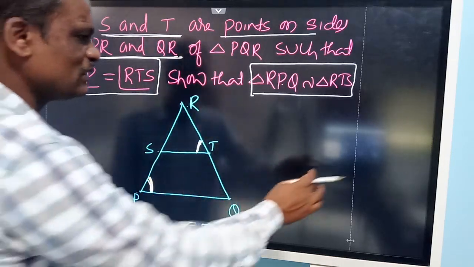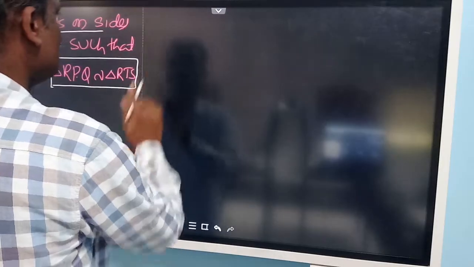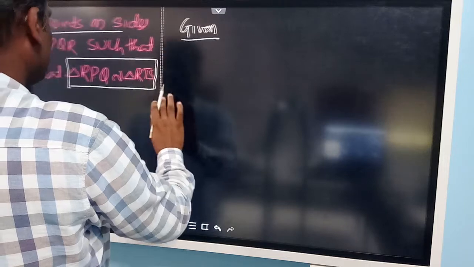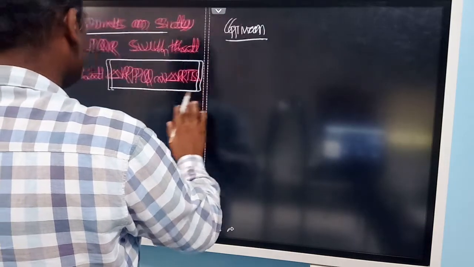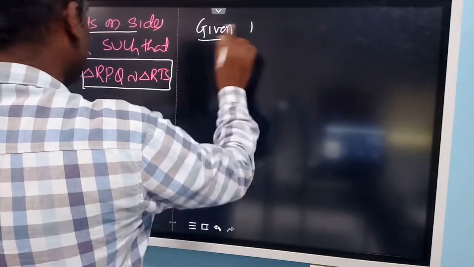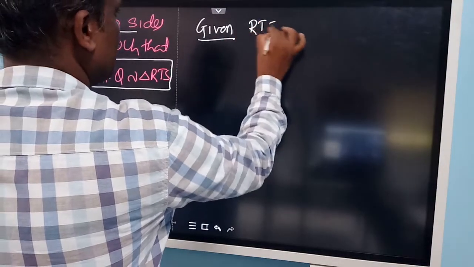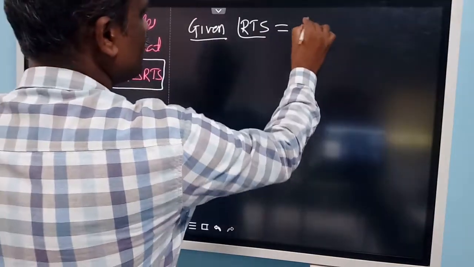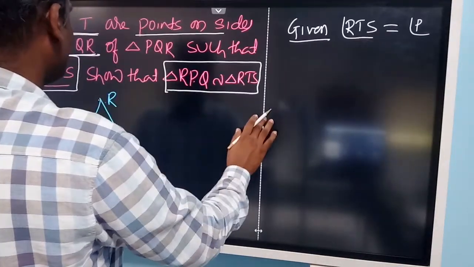AA similarity we can use here. So here you write what is given. Given in triangle RTS, angle RTS is equal to angle P.